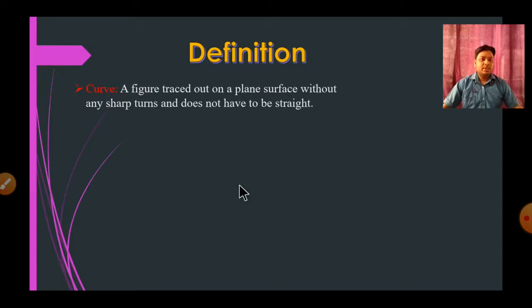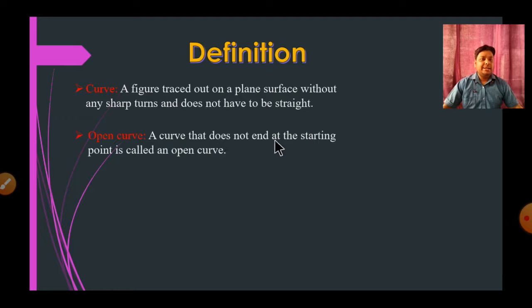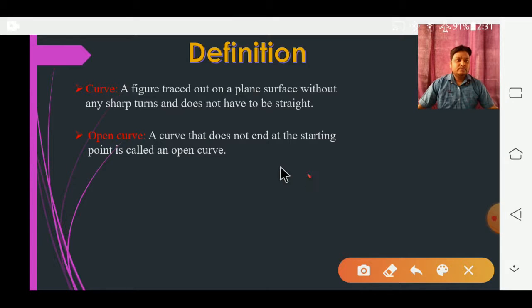Now, what is an open curve? A curve that does not end at the starting point is called an open curve. It means if we draw a circle, and here is the starting point, we can say this point is A. But if we draw the circle and the end point, which is B, does not reach A, then this is an open area, so we can say it is an open curve.